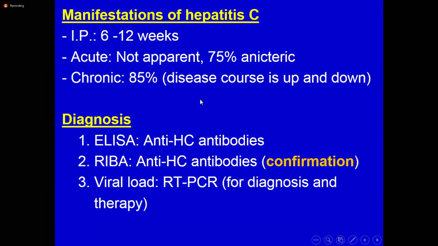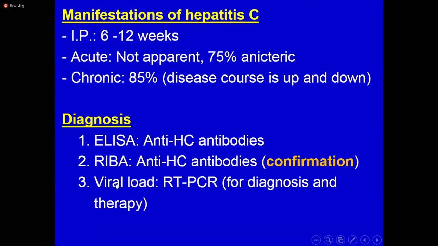How do we diagnose them? By ELISA, enzyme-linked immunosorbent assay. We detect anti-hepatitis C antibody. Look, here C is not the core. We confirm the test by a technique called RIBA, which also detects anti-hepatitis C antibody.